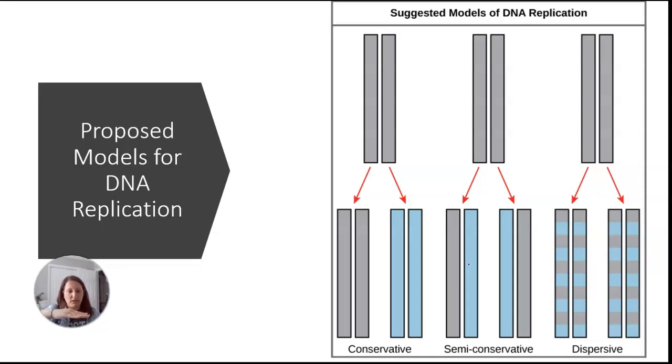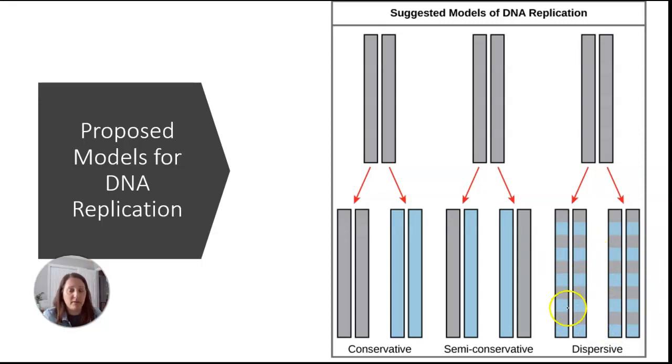We let replication happen once and boom, the band moved up. And so all of the DNA is in the middle now of the column. And again, that represents DNA that's made of a mixture of heavy and light. Well, we see the same thing here in the dispersive model. Both daughter strands are made up of both heavy and light DNA. They're just arranged differently. So again, it's the second generation that shows us that the dispersive model is not true.